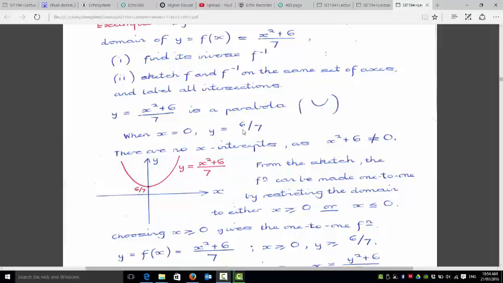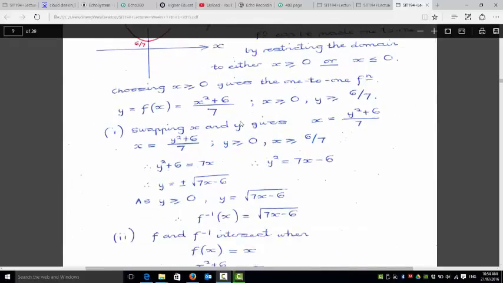First of all we choose x larger than or equal to 0, which is the right-hand side of the parabola sketch. We can find out from the sketch that this is a one-to-one function.